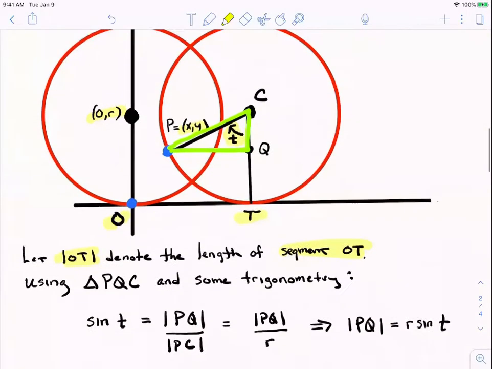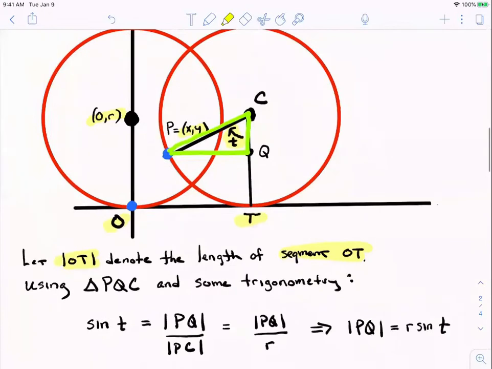Let's use some trigonometry on that triangle. The sine of the angle t is the ratio of the side opposite t to the hypotenuse. The side opposite t is length PQ. The hypotenuse is PC, which we already said was length r.